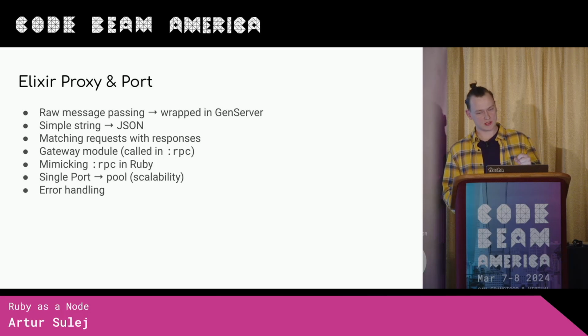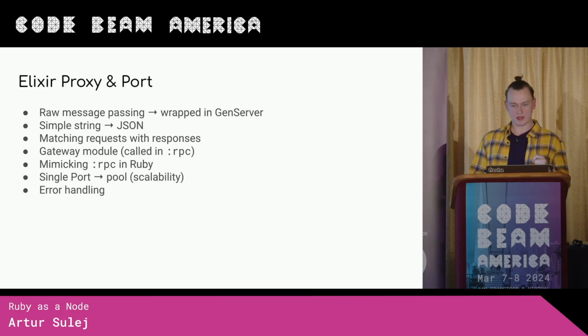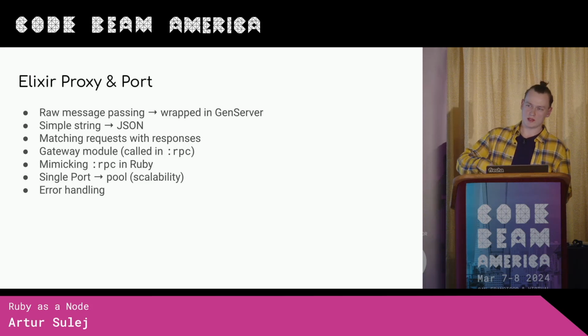We also need something that I called here a gateway module. Basically, RPC call doesn't allow us to implement any kind of, let's say, interceptor. We can't implement something like, I don't know, a Phoenix controller to handle the request and do something about it.